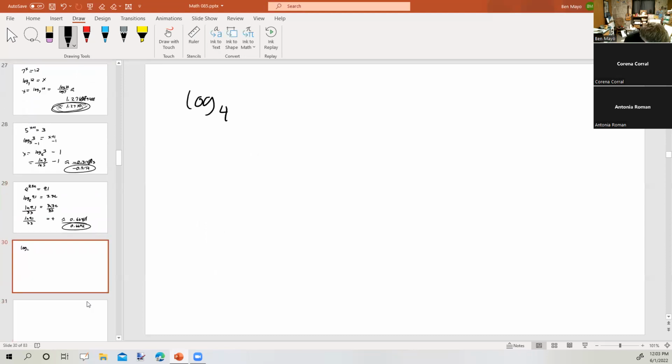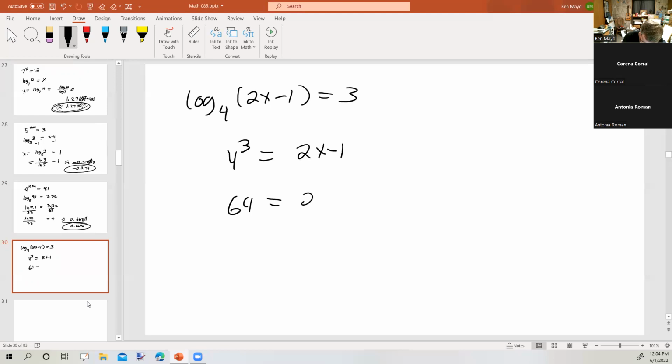Okay. How about this one? Log base 4 of 2x minus 1 equals 3. Well, this is a logarithmic equation. So let's try changing it to an exponential equation and see if we can solve it. We get 4 cubed equals 2x minus 1. 64 equals 2x minus 1.